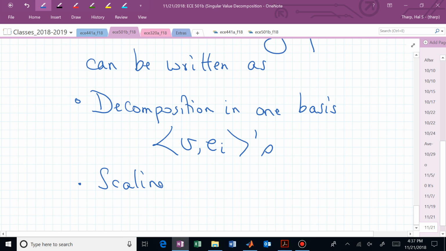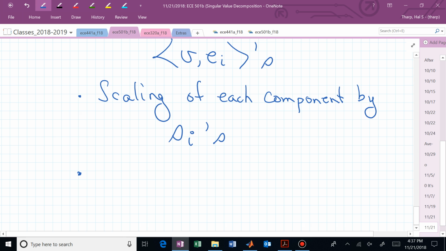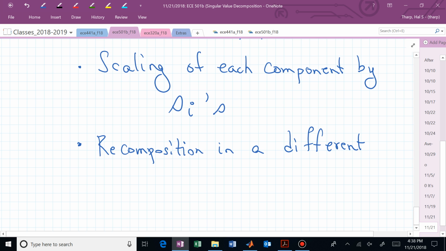Then we actually scale that projection onto each of those input vector spaces, E sub i, scaling each component by the appropriate singular value, which we now are labeling S sub i's, and then redirecting those based on the F sub i's, or a recomposition in a different basis of F sub i's.